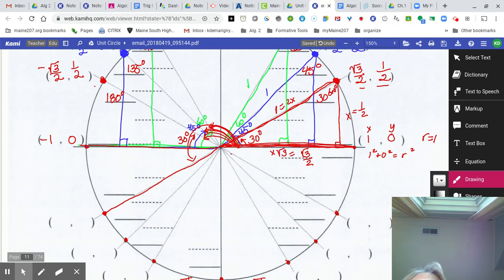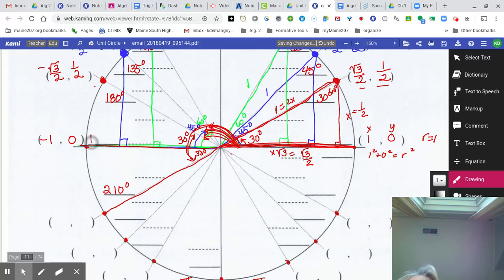So what I know is that this amount is 30 degrees below my 180 degrees. So whereby I'm looking at a 30-degree reference triangle, the actual angle from here all the way around is 180 plus 30. So this is going to be a 210-degree angle.